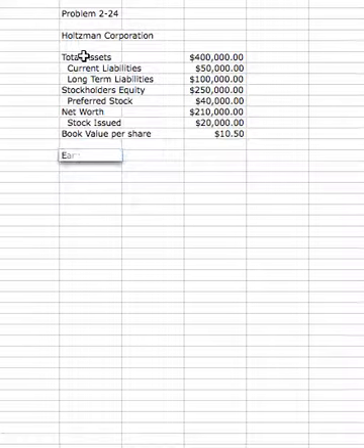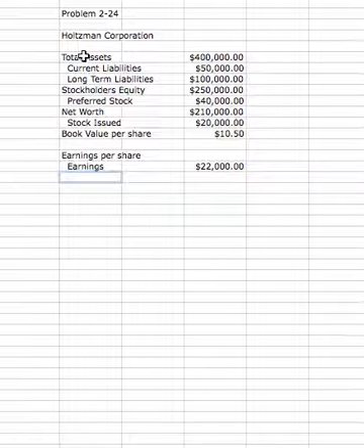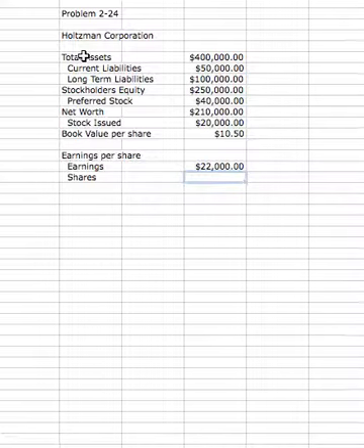So to calculate earnings per share, we would take the earnings that we've been given, which is 22,000, and shares were 20,000. These shouldn't be in dollars, by the way.